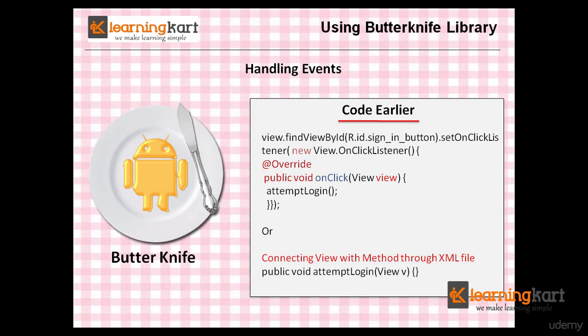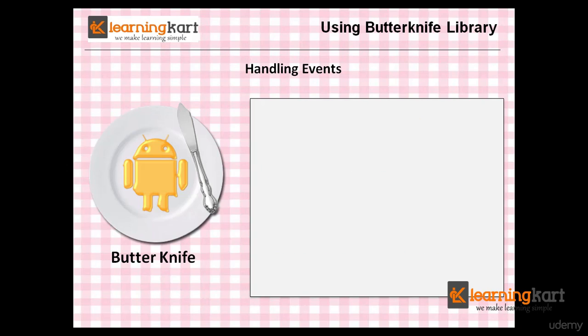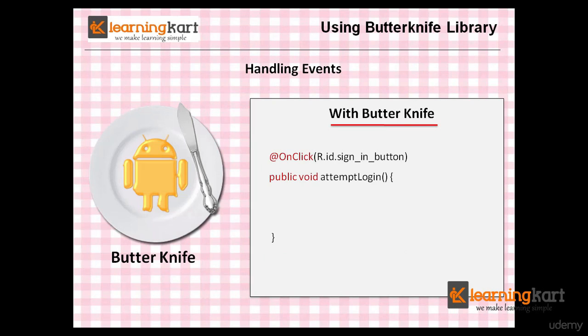So the only change that comes with Butterknife is that within the activity itself, you can say OnClick, you pass in the ID, and then this method gets associated with the onClick of this component.